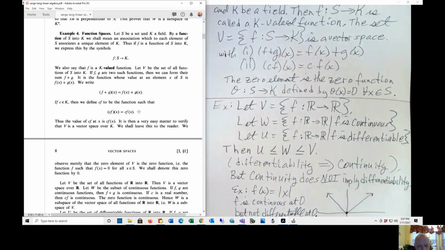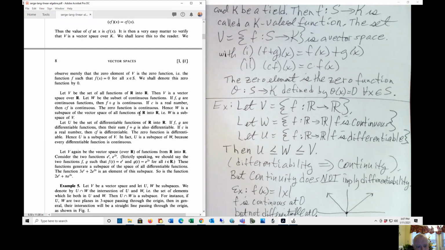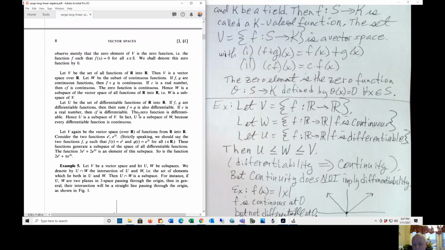Now, as we're about to close today's lesson, let's look at some subspaces of the vector space of real valued functions. Let V be the set of functions f from the real numbers mapping into the real numbers. Then let W be a subset of that, the real valued functions that are continuous over the real numbers.